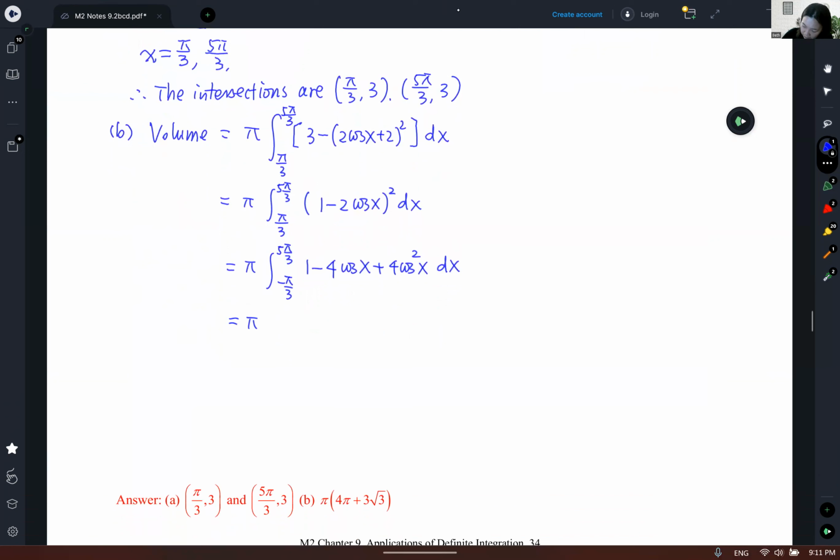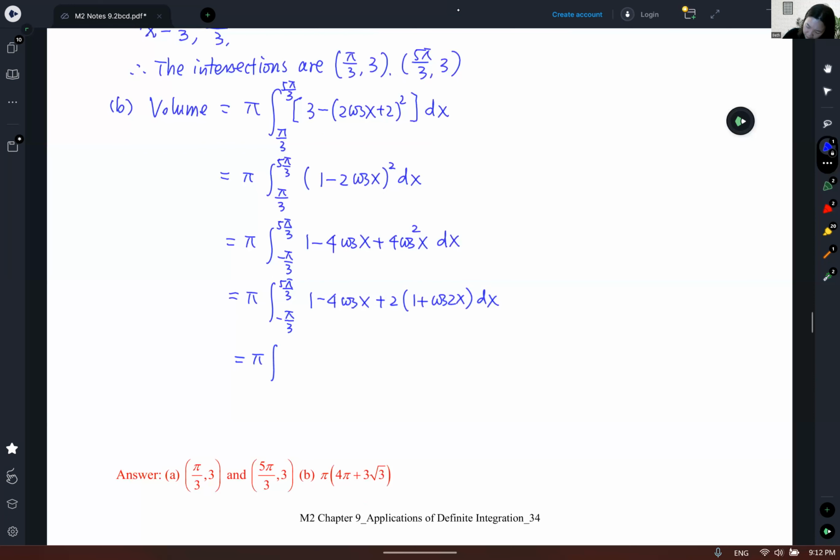Further simplify: 1 minus 4 cosine x plus 4 times one half (1 plus cosine 2x) dx.